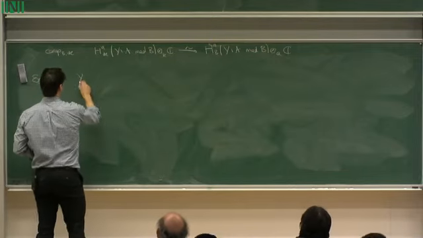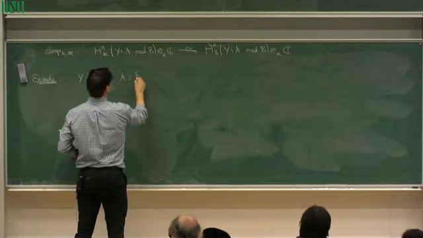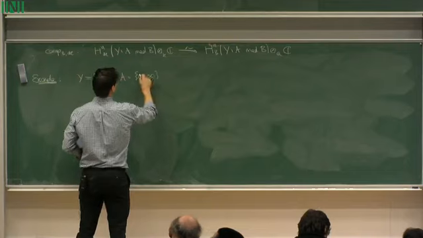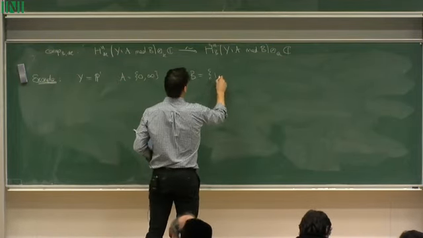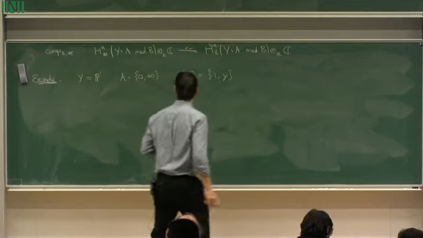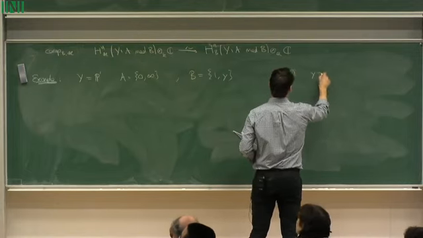So let's take Y equals P1, A equals {0, infinity}. B is a pair of points 1 and y, where y is a rational number bigger than 1.